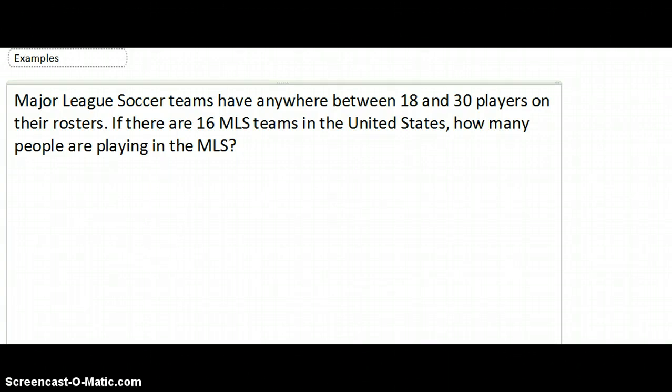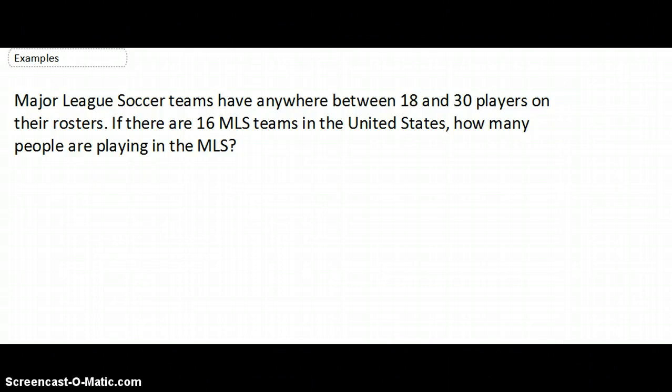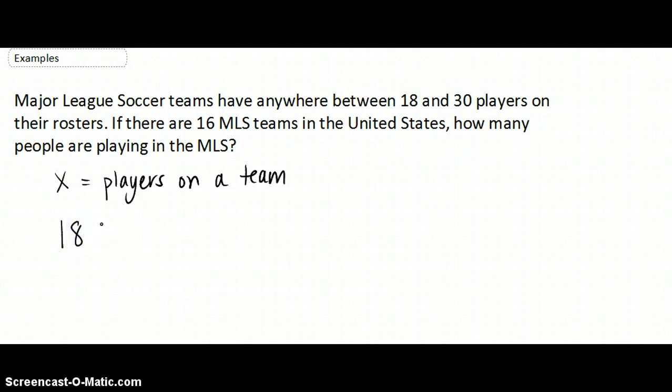So we'd first want to write a compound inequality just to measure the number of players on one team. So let x equal the players on a team. What we know is that x can be anywhere between 18 and 30. So we know that 18 is less than or equal to x.